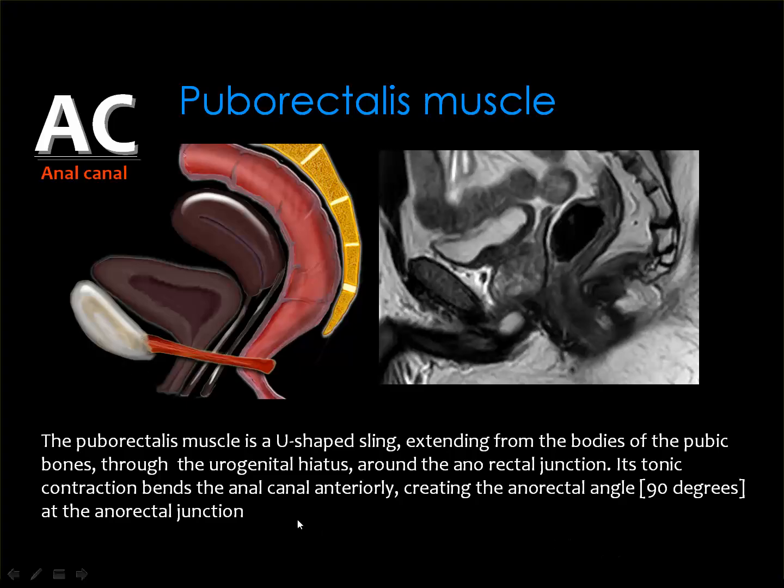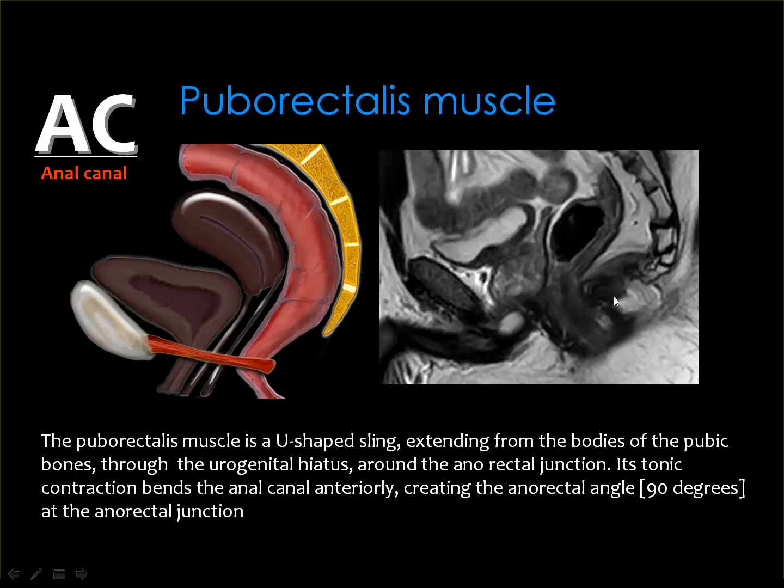If you have the sagittal image and you look posterior to the anal canal, you can see what looks like a mass of low signal, similar to the rest of the skeletal muscles, and this is that part of the puborectalis muscle while it is going around the anorectal junction. And actually the puborectalis is a marker for the end of the rectum and the beginning of the anal canal.